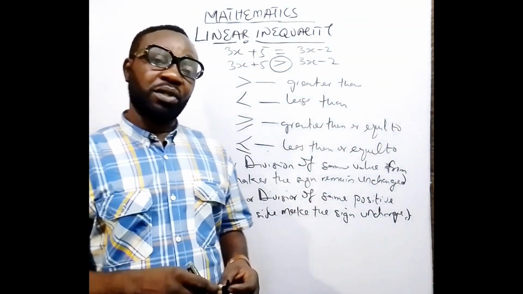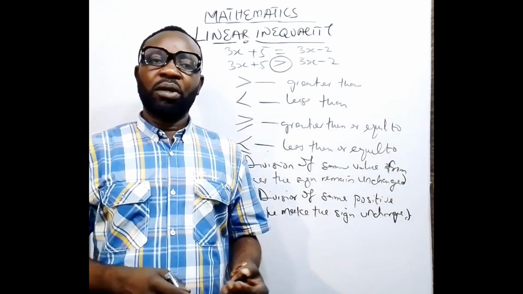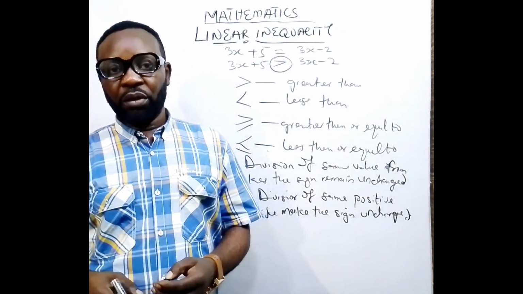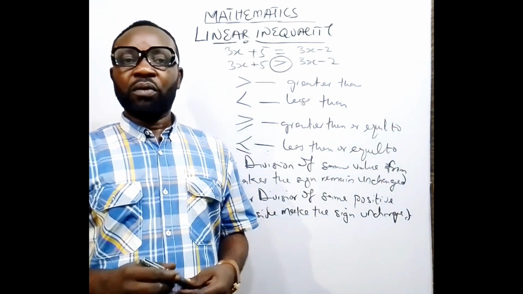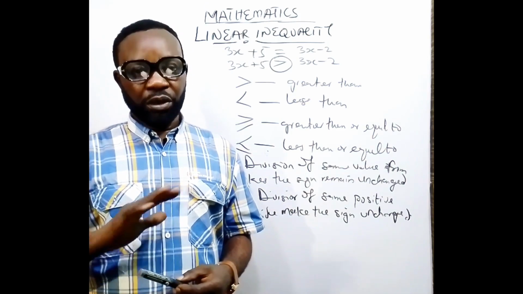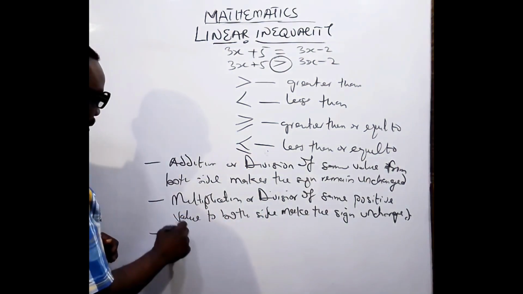Now, another condition is that the multiplication or division of a negative value to both sides will make the sign change. That's a very good condition. You have to make sure you take note of it.